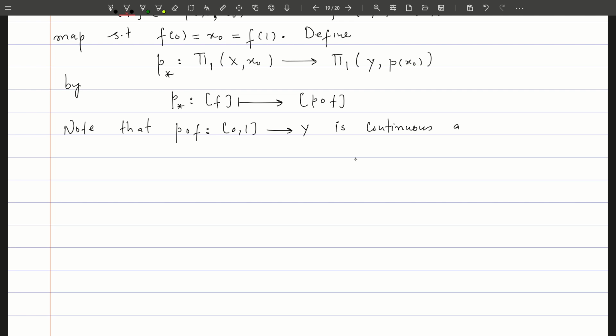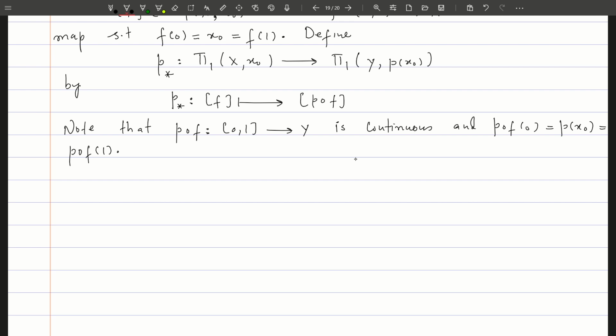And P composite with f of 0 is the same as P of x naught, which is the same as P composite with f of 1.